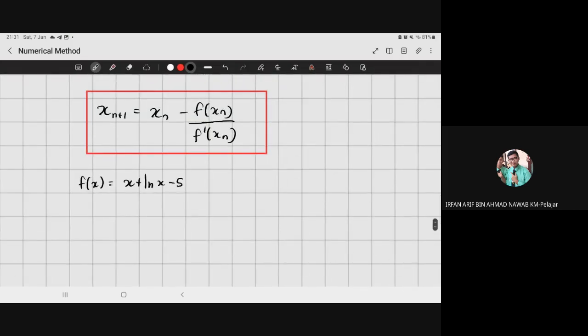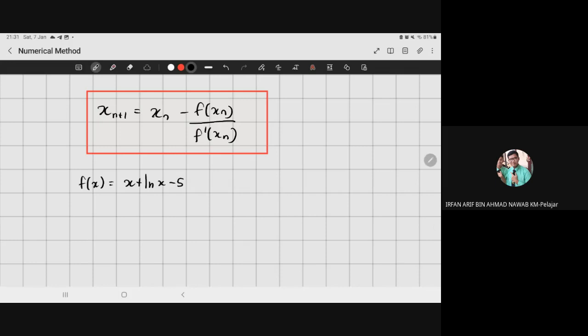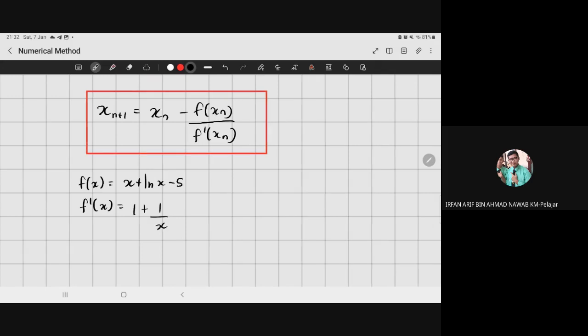So let's start. Let's find the first derivative. So f prime of x is equal to 1 plus 1 over x. That's about it. Recall your previous semester as usual.